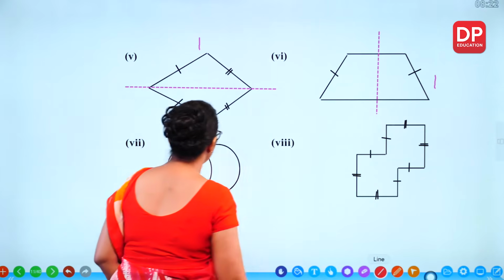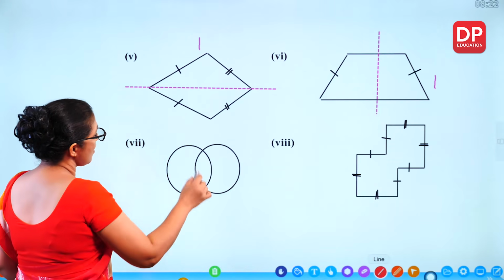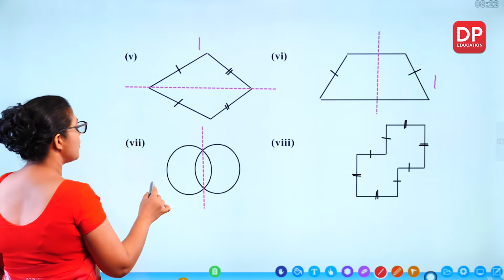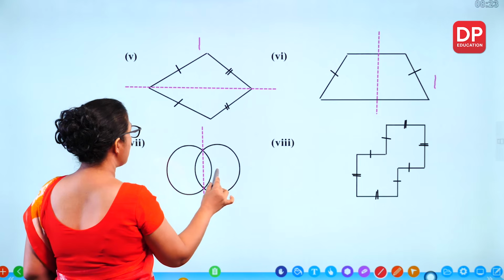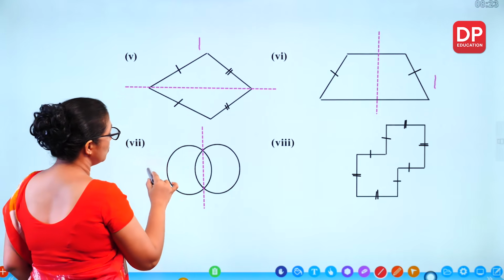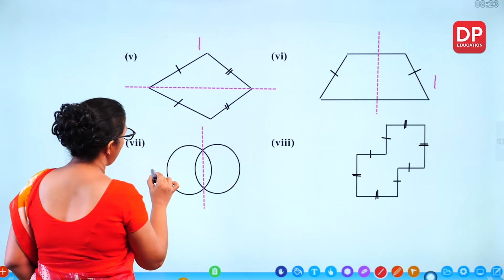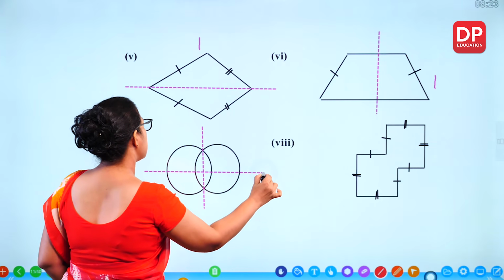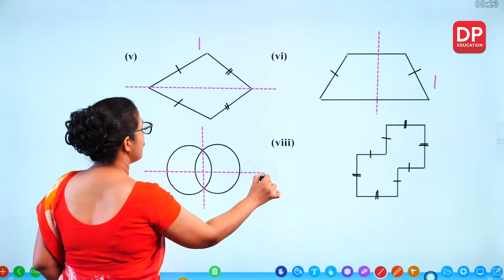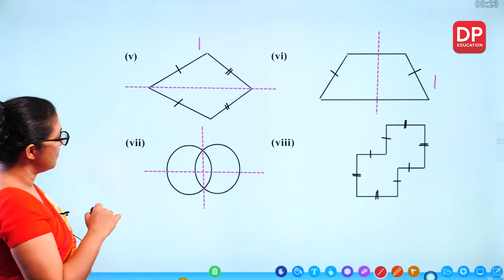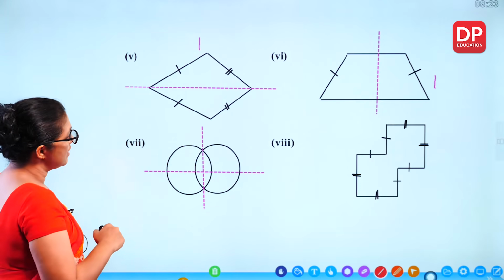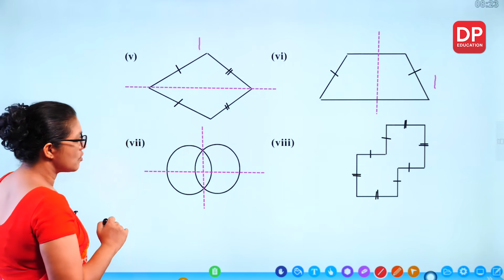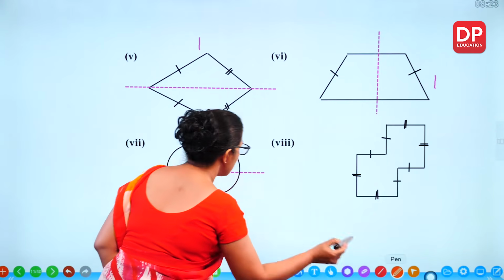This figure, I can draw a line here. Can I draw here? This way? What do you think this way? Am I getting the same thing? Yes, you can fold it this way as well. So how many axes of symmetry there? You get 2.